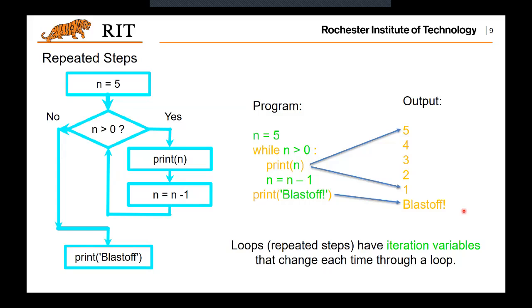So there are multiple ways to have this repeated step. While loop is one, and another commonly used one is the for loop. Actually, a while loop can be converted to a for loop, and a for loop can be converted to a while loop. You just need to choose from them according to your need.